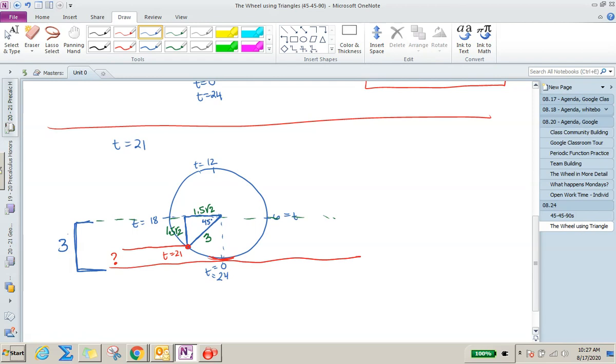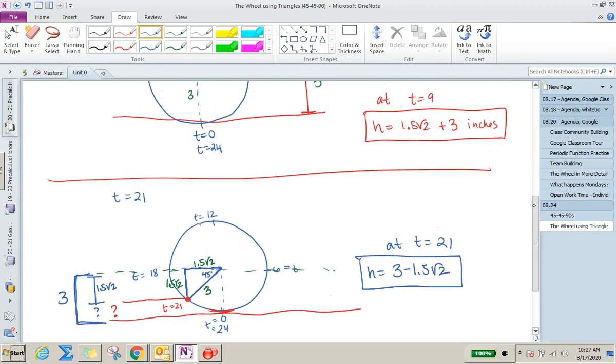And we know that from the center to the gum, that has a height of 1.5 root 2. So the question mark, what's remaining, would be 3 minus 1.5 root 2. So at t equals 21, the height is 3 minus 1.5 root 2.